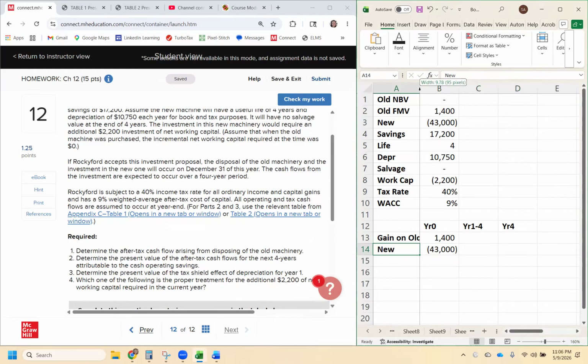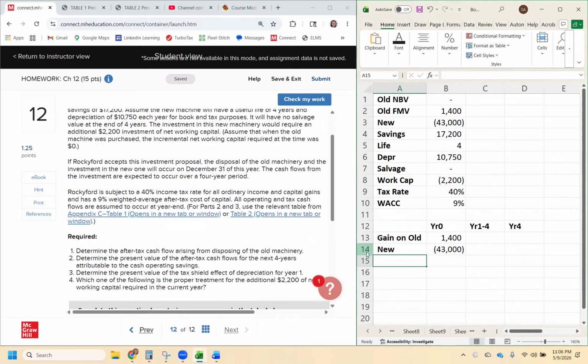So we will have to pay taxes on that. So insert tax on old machinery will be equal to that times the tax rate.